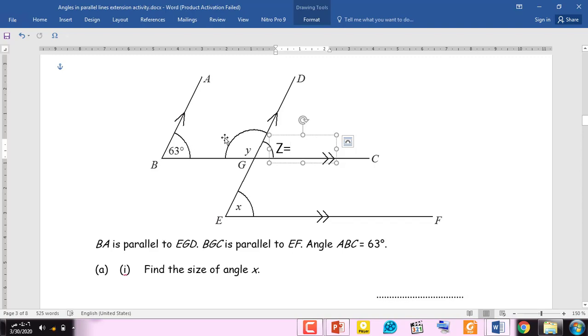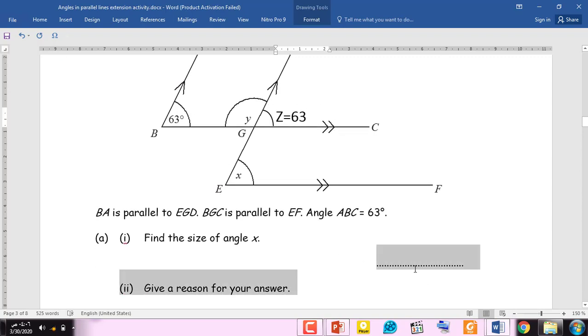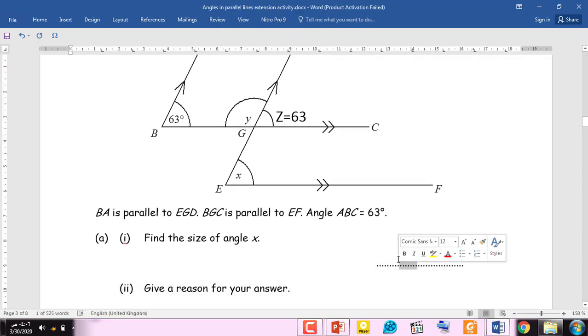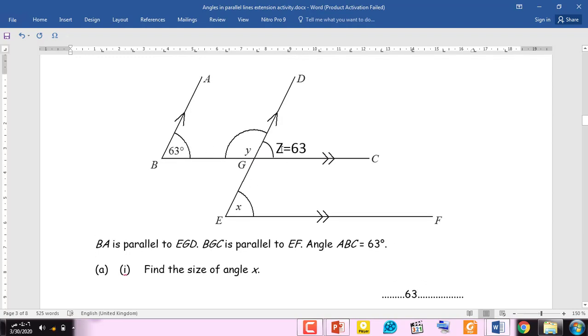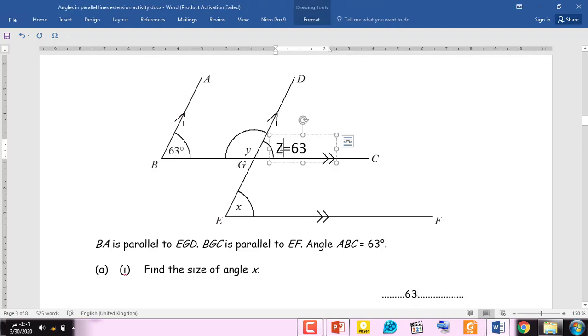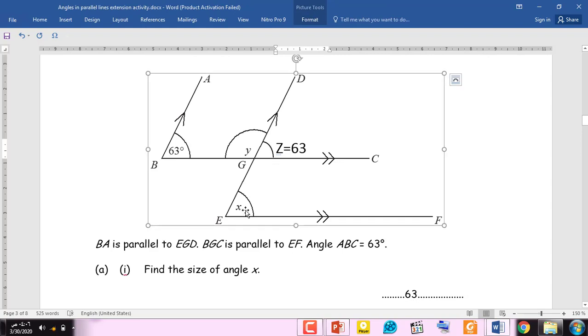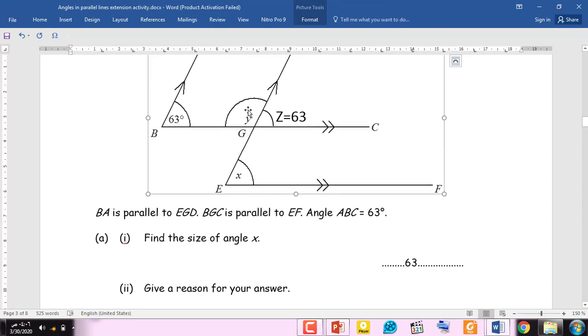So Z equal 63 degrees. That means X will be 63. Why is this? Because Z actually is corresponding to ABG angle, and the same thing, Z is also corresponding to X.